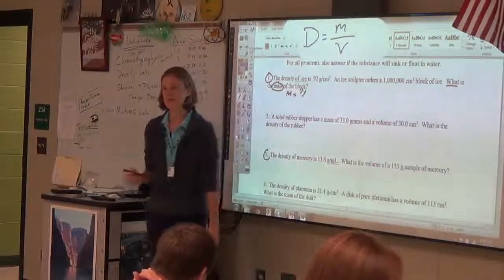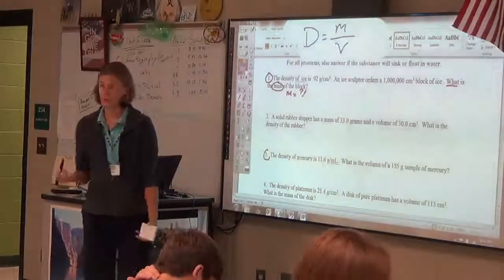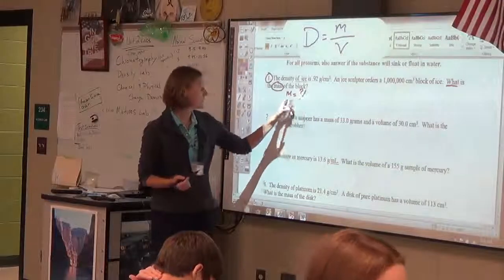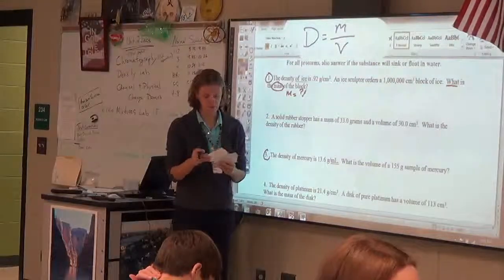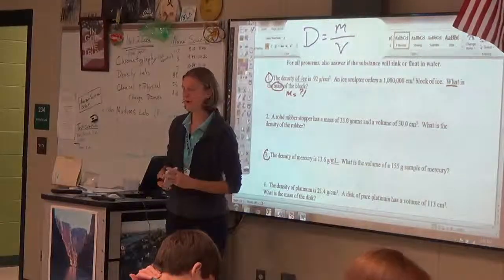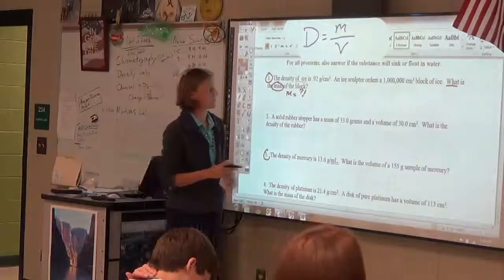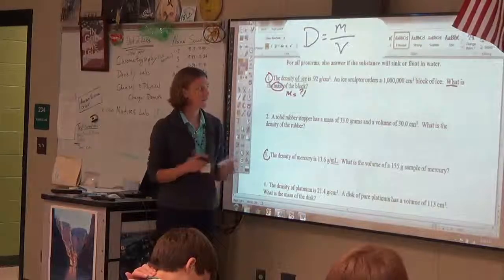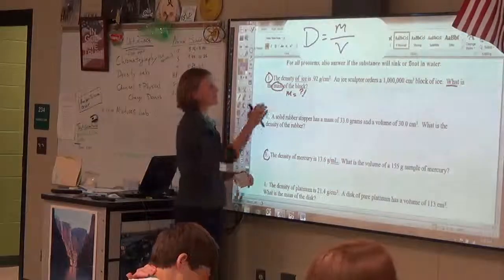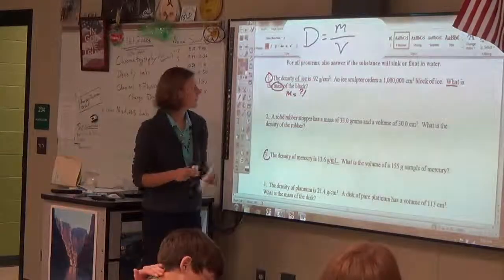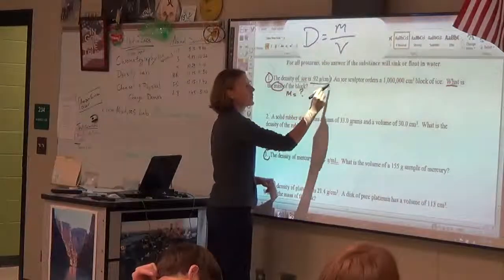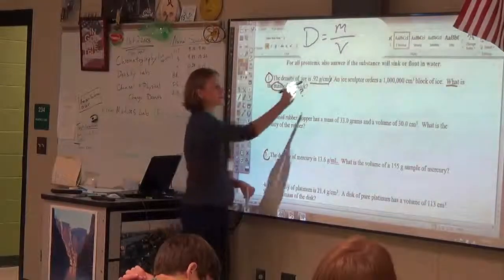And sometimes it's nice to just kind of list what you know and what you don't know, what you want. So mass is unknown. And now, I haven't even read the problem, but I can pretty much figure out what the other numbers must mean by looking at the units, also with just a little bit of reading. But Kara, here's the first number I see. I got 0.92 grams per centimeter cubed.